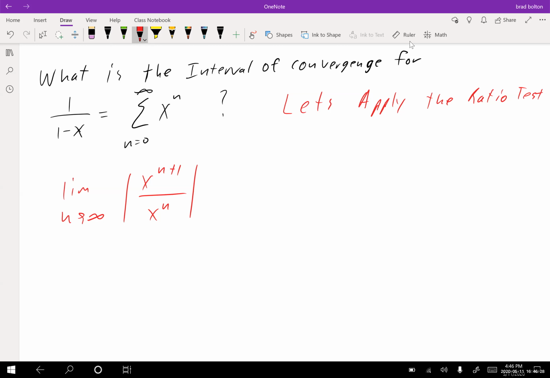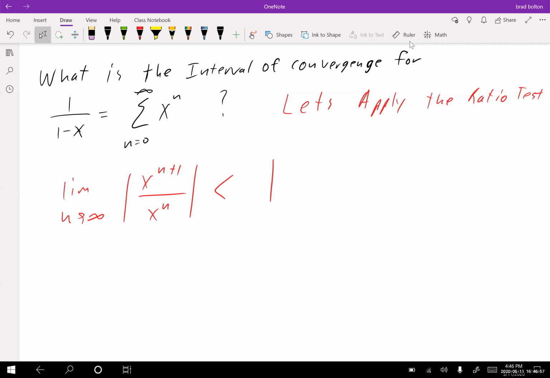The ratio test said that this limit had to be less than 1. This limit has to be less than 1 if you want to say it's convergent. So in the previous chapters, in the early sections, you would actually have to use the ratio test to find this limit, and then based on your answer, you would say convergent or divergent. But we know that the ratio test is only convergent when this is less than 1.